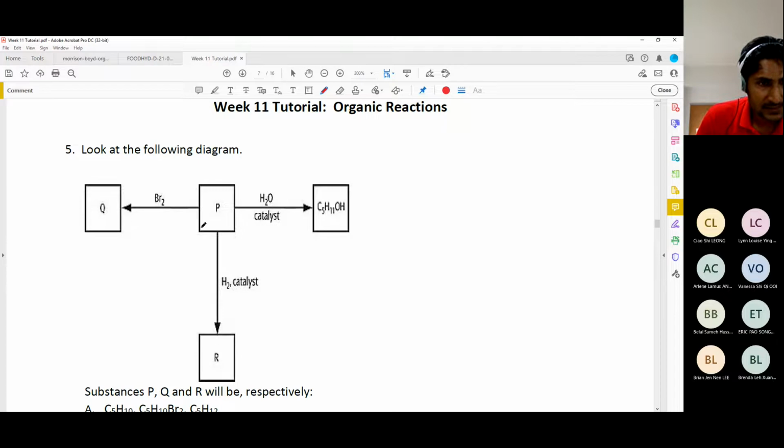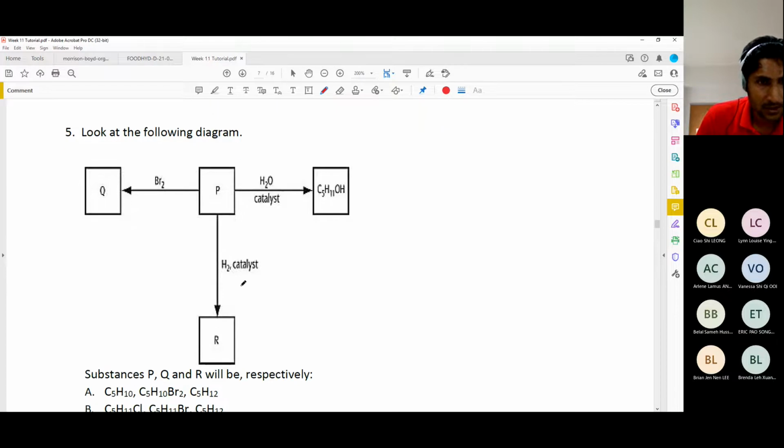The following diagram has unknown P, Q, and R, and of course this is known. So what we have to find out from here is what P is, what Q could be, and what R could be. The only clue given is that if we react bromine with P, Q is formed, and with hydrogen gas, R is formed.